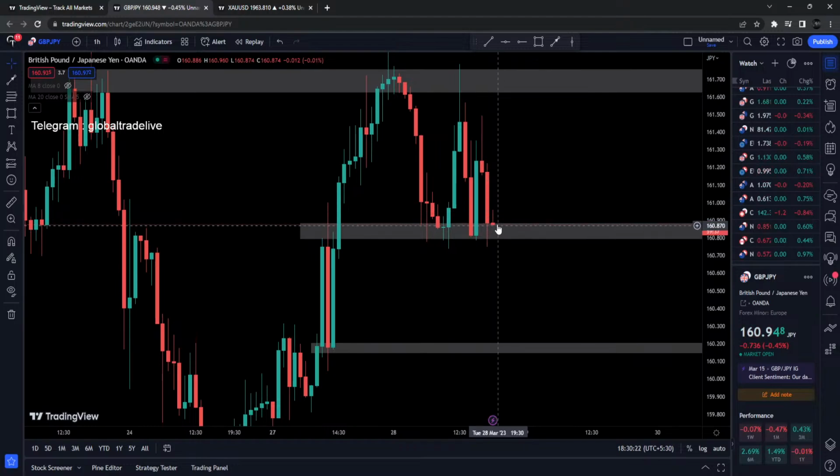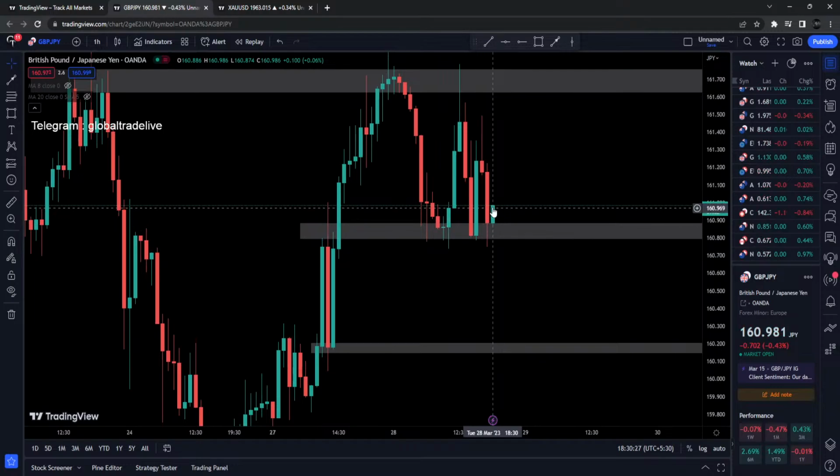Yeah, now the thing is, by looking at the 1 hour GBP JPY time frame, right now the candle is moving up.